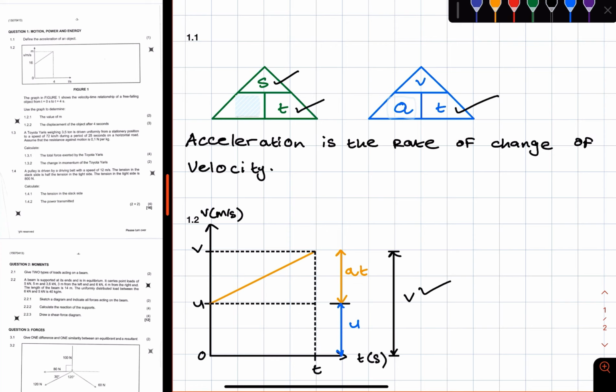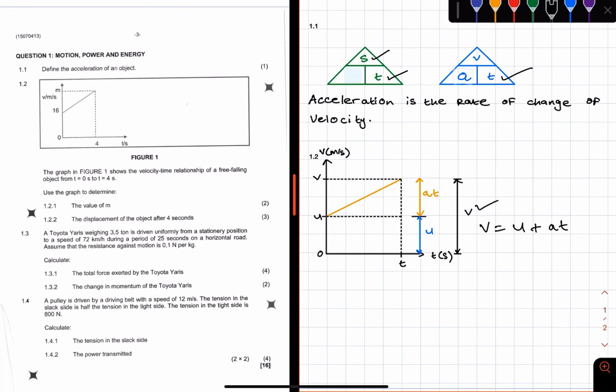So the change in velocity is equal to at, meaning v is going to be equal to u plus at. That is a typical problem based on a velocity time graph. So whenever we need to derive our kinematic equations or equations of motion, this is the graph we would use to derive them. Now, if we look at figure 1.